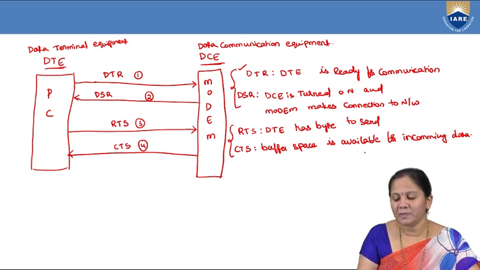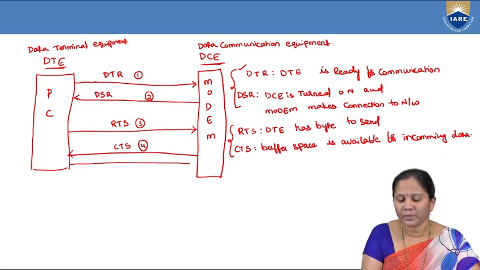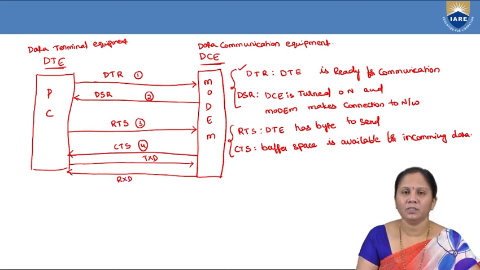Once buffer space is available for the incoming data, it is going to send a signal called TXD, transmit data, and then the modem is going to send a signal called RXD. So all these are handshaking signals.